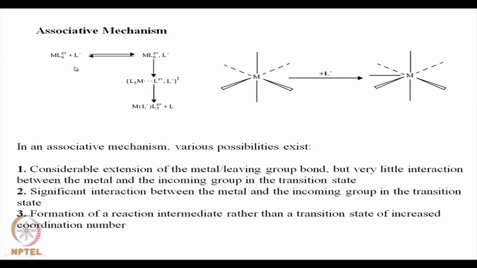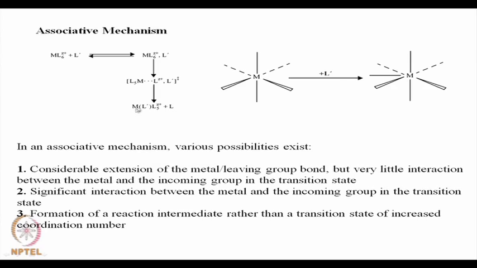So, you see that the ligand comes in, producing something like ML5L L', then maybe this bond is lengthened and this ligand is included in the activated complex. Then the activated complex rearranges itself and releases the ligand L.